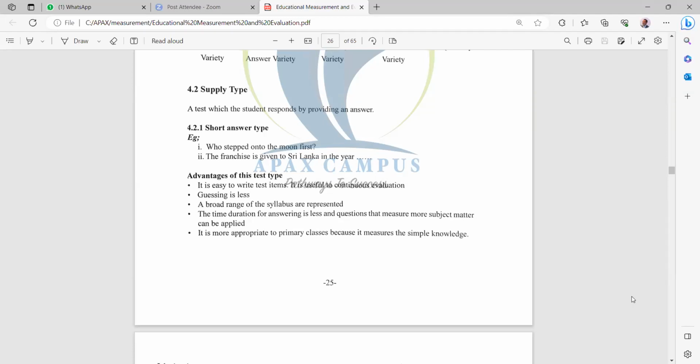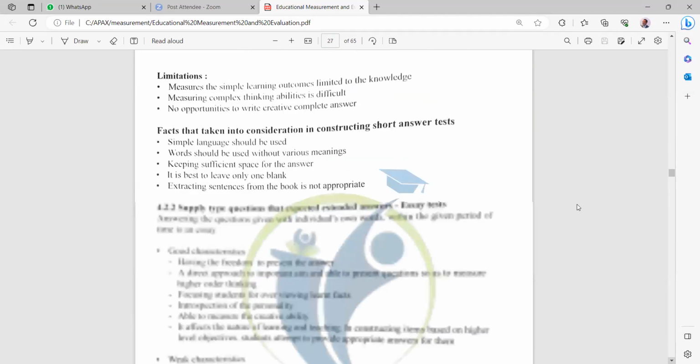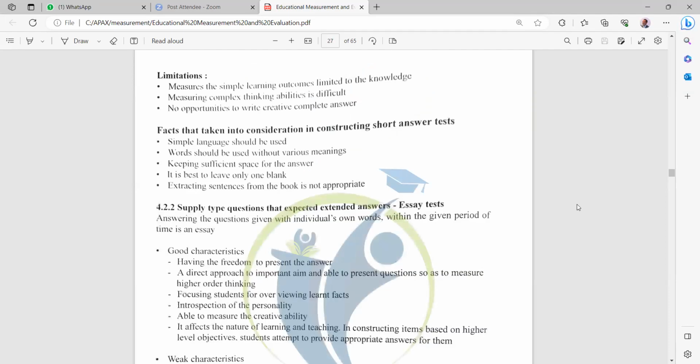It is more appropriate for primary classes because it measures simple knowledge. Simple knowledge means, if we take things like Bloom's taxonomy, it's knowledge and comprehension. So it's like testing memory. Like, when was the franchise given to Sri Lanka?